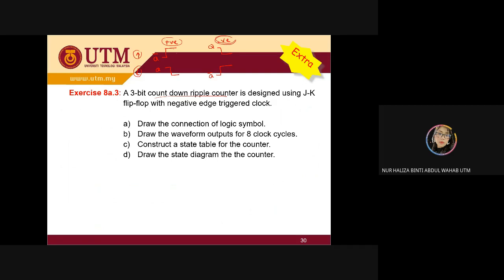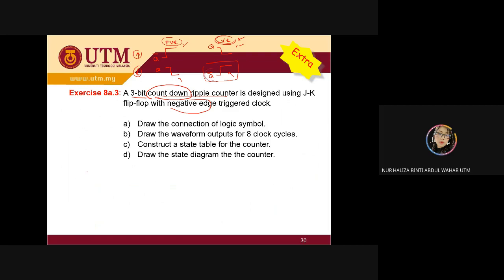I just want to remember these simple things. So I know already this is the table that I need to refer to. 3-bit countdown, and this is negative. So I need to refer to my negative table. Countdown is connected to my previous Q bar.